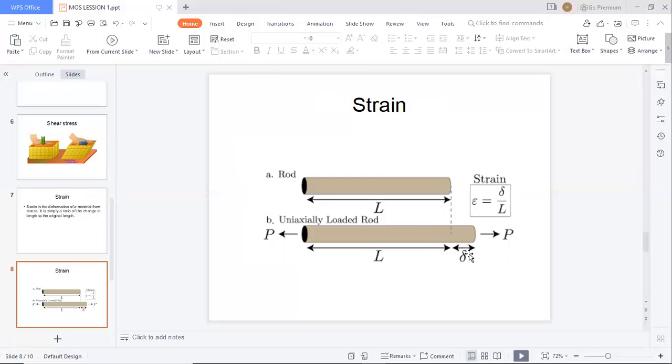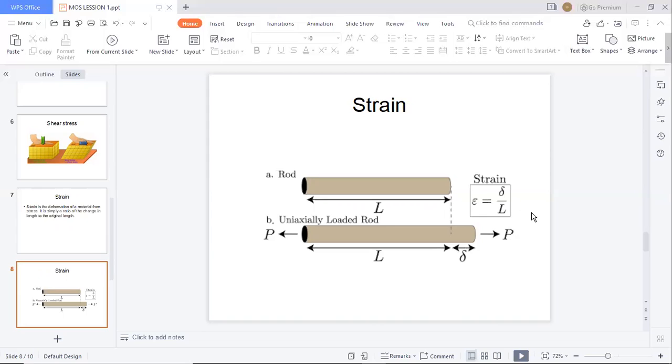The deformed length is called delta, or change in length. So the strain is equal to change in length by the original length.